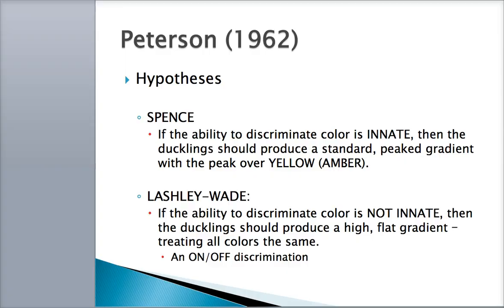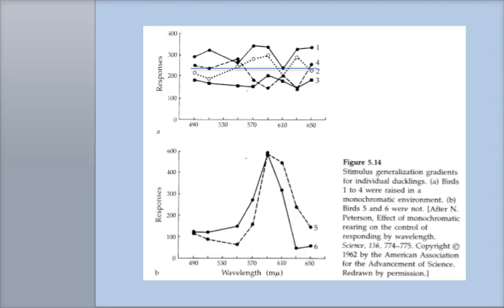And so let me show you the data. Here are the data. Guess what? The one at the top, A, are the ducklings in group 1, the monochromatic sodium vapor light environment. And if we average all of these together, there's a little bit of variability for each bird, but they're all very high, and they are, relatively speaking, not statistically different from each other at any point.